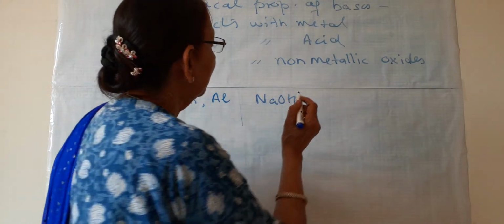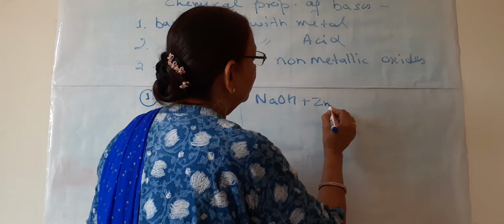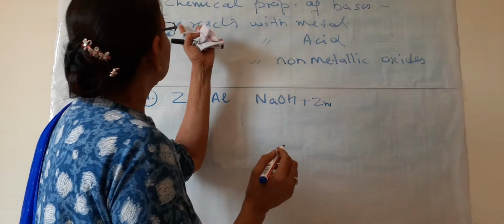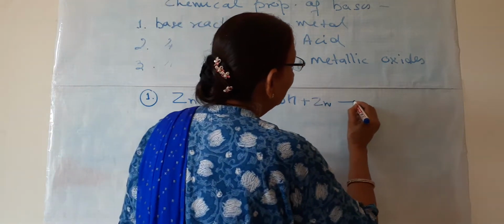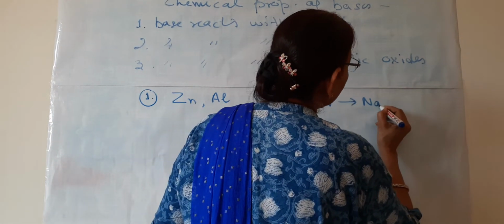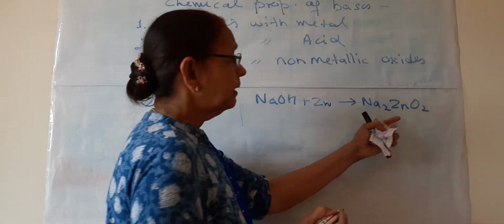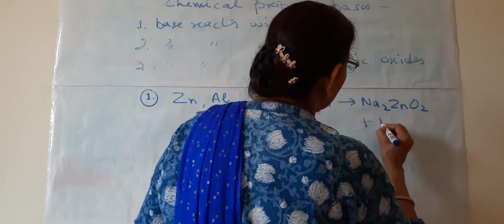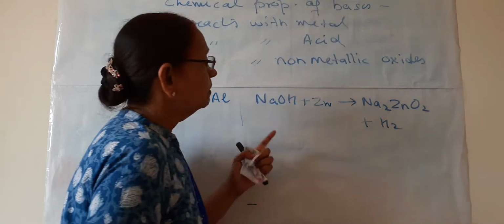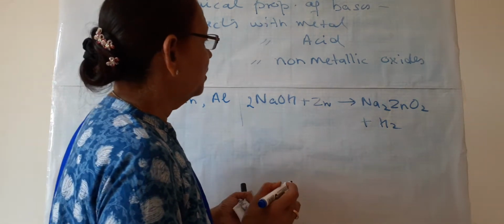So we take this NaOH plus Zn, zinc metal, because we are having this reaction, base reacts with metal. What will we get? We will get Na2ZnO2. This is a special kind of compound, a salt, plus hydrogen. I think this is a balanced equation.